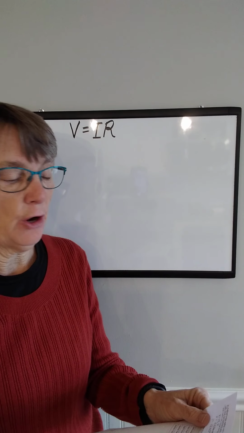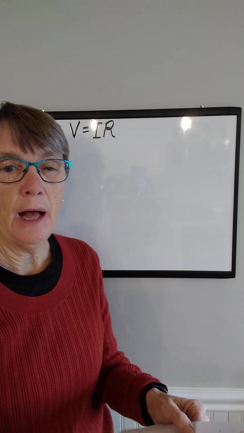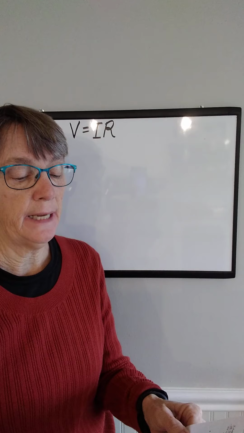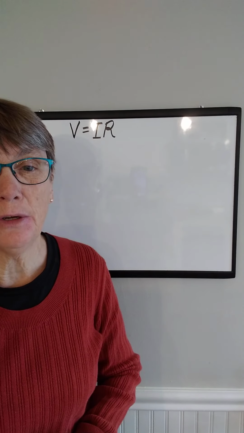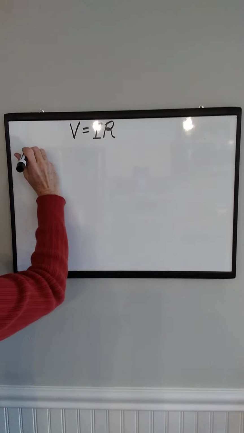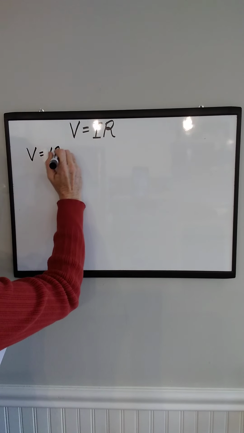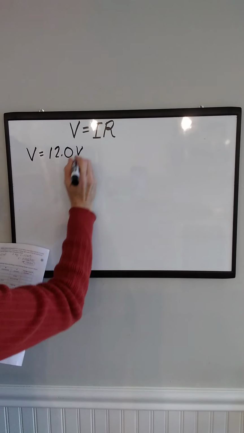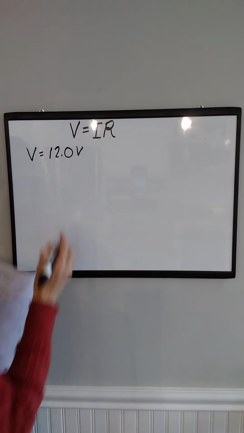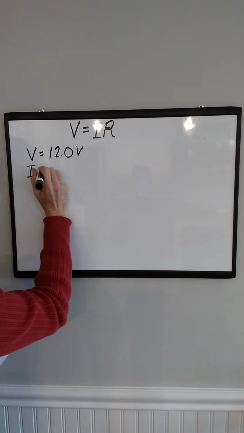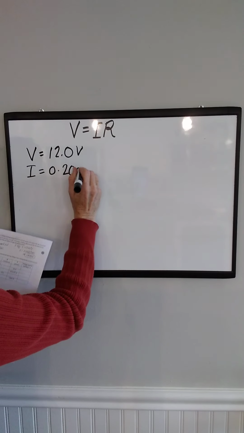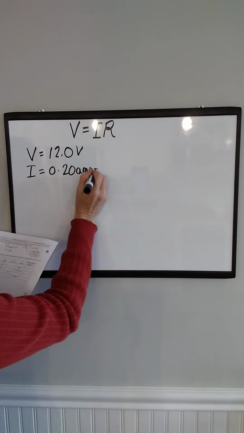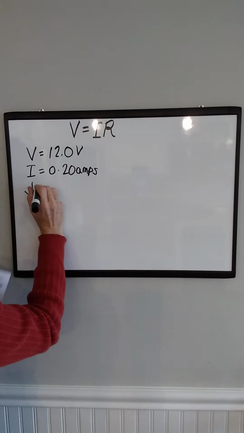If Arthur gets out of the car and leaves the radio on, how long in hours will it take for the car battery to go completely dead? So write your variables that you know. Voltage 12. Current is 0.2 amps. And we know joules.